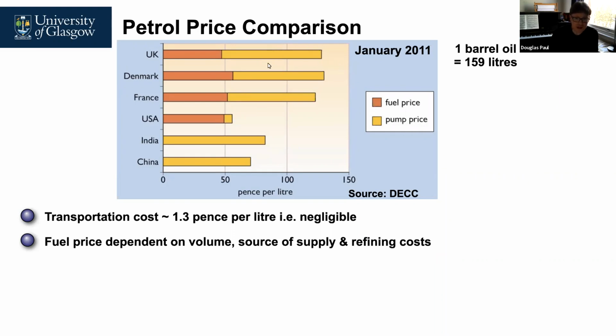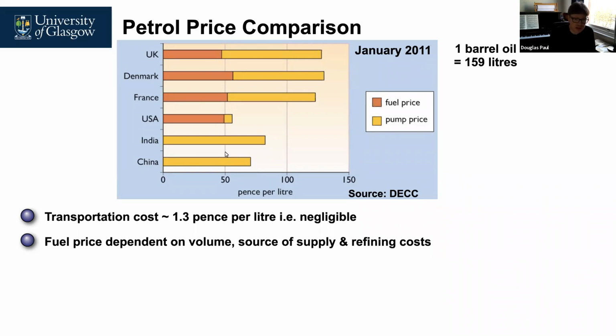And you can see now that actually the large percentage, certainly in the UK, Denmark and France, of the pump price is actually tax. So that's a decision that's been made by those countries to a very high taxation on petrol. Whilst if you look at the USA price, they actually have a very low tax level put on petrol, or gasoline as they call it. Now, with India and China here, the data that's available doesn't differentiate between what the fuel price and the pump price, but you can get a vague idea looking at the fuel prices from other countries, what percentage of this is going to be in taxation.